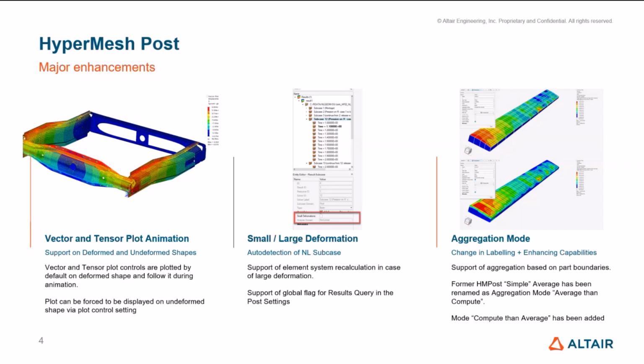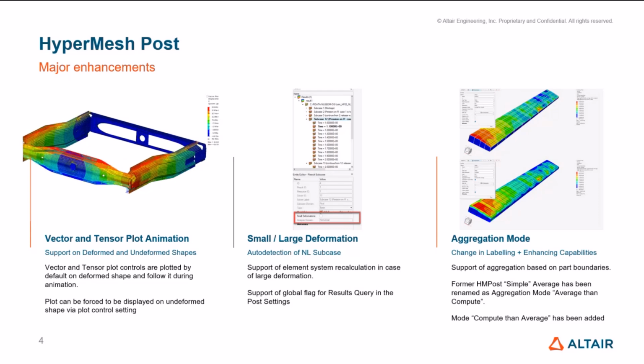Last but not least, in terms of the major announcements, this is a kind of personal campaign that I have started, and Varun will also say something more on HyperView multicore. We did basically two things. We enhanced the labeling of the averaging methodology that we have always exposed between HyperMesh and HyperView.